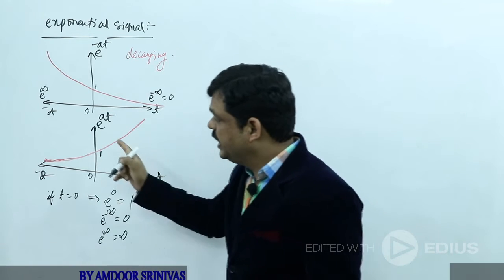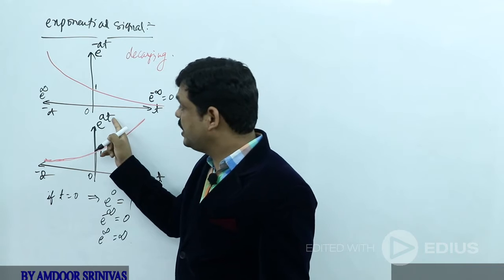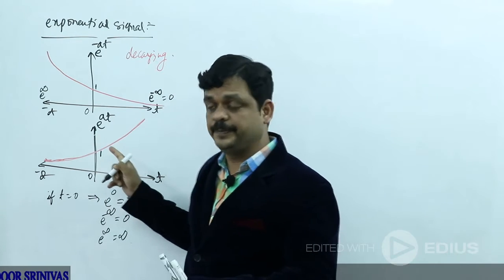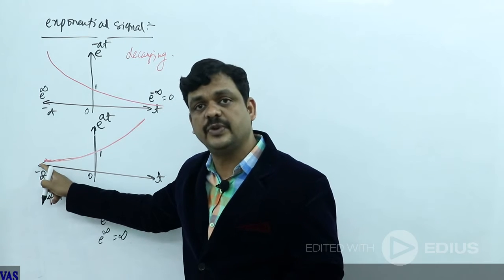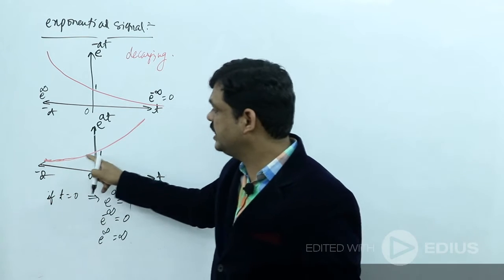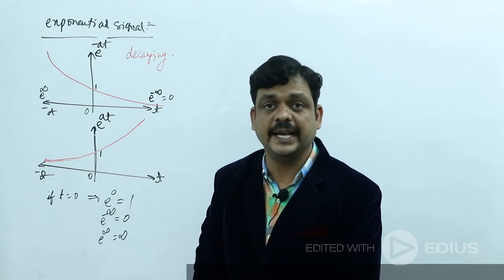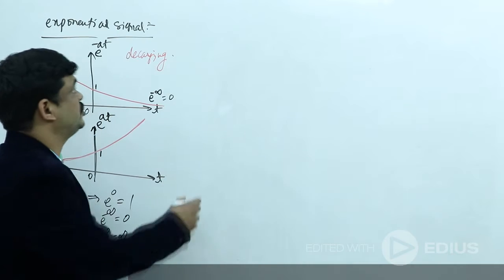And similarly, in this case the function is e to the power of plus at. If you substitute t tends to minus infinity, this becomes e to the power of minus infinity. So e to the power of minus infinity is how much here? 0. So that's why it starts from 0. Now the function goes like this, 0 up to infinity. This function is called an exponentially increasing function, and this function is called an exponentially decreasing function.